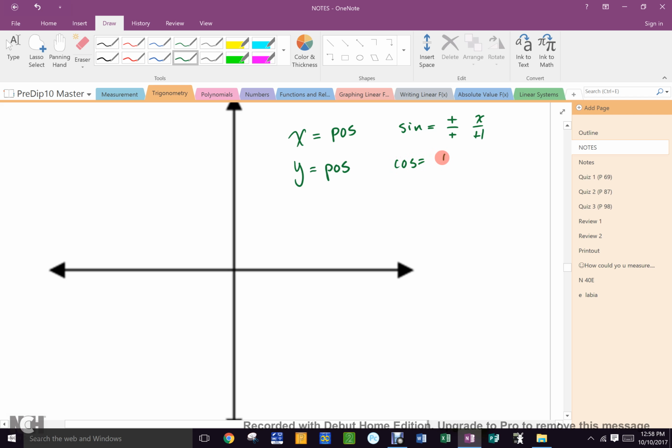Cos is positive over positive, so that's x over h. And tan is positive over positive because it's y over x. Everyone agree? So in quadrant 1, all ratios are positive.